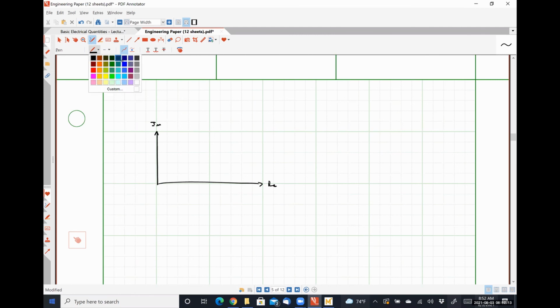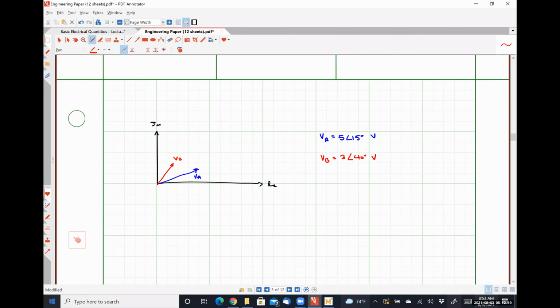So if we had a voltage VA, let's call it 5 angle 15 degrees volts. So here is VA. And then we had VB equal to 3 angle 40 degrees volts. So VB would be something like this.